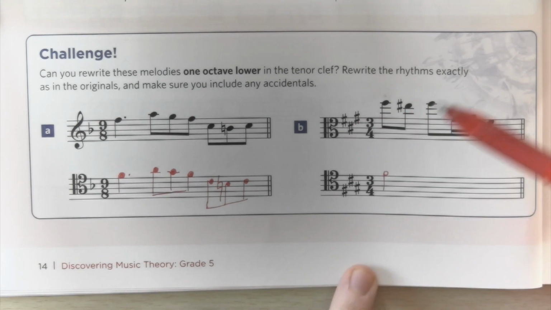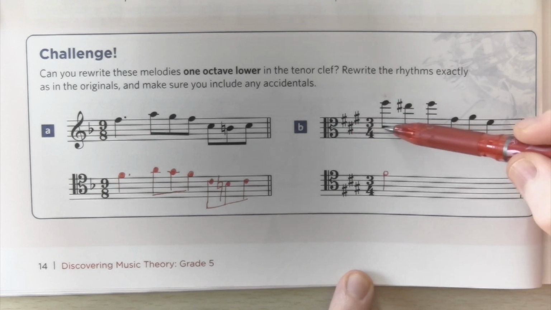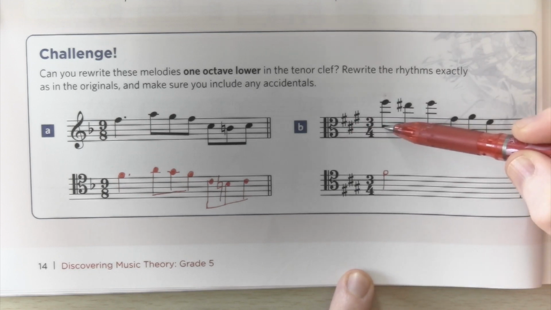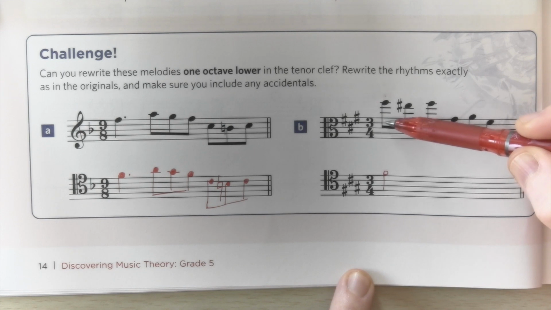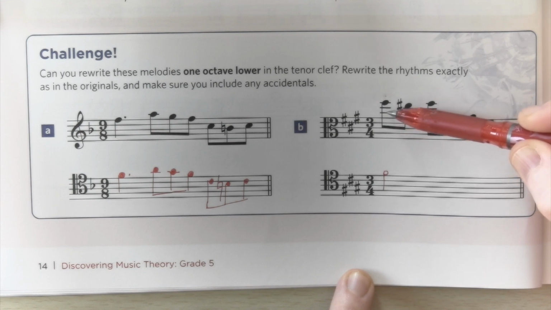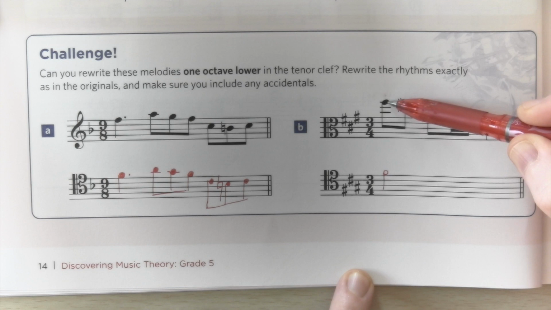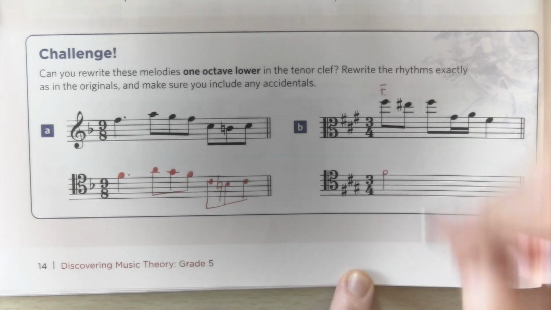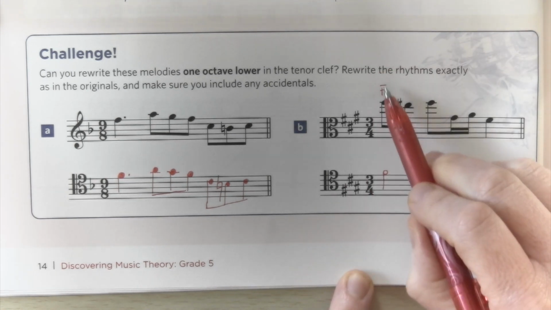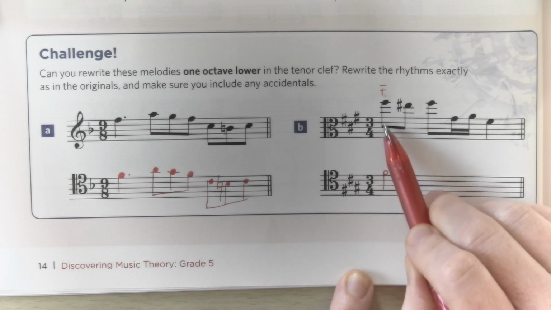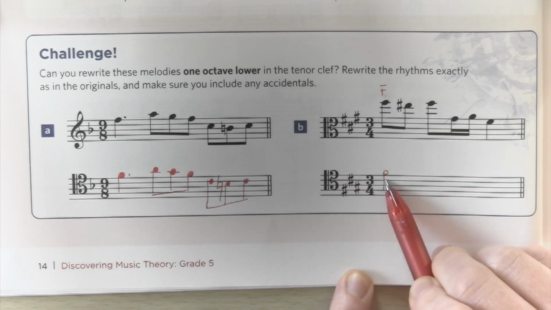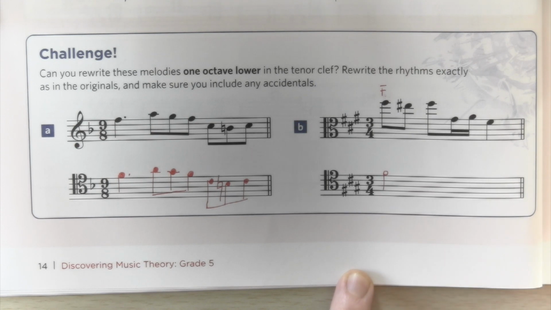Let's count and say the names of the notes. This is Do, middle C, Do, Re, Mi, Fa, Sol, La, Si, Do, Re, Mi, Fa. That's F. Now, an octave lower, closer to the middle C, would be Do, Re, Mi, Fa. This is it. I hope this is clear now.